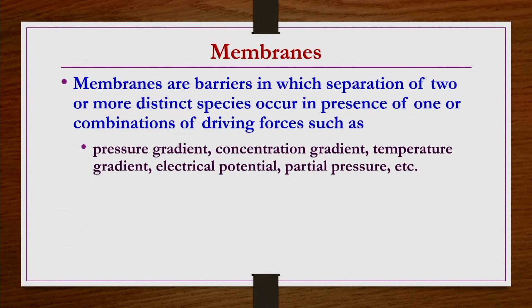These may be used individually or in combination, depending on the application, such as pressure gradient, concentration gradient, temperature gradient, electrical potential gradient, partial pressure etc. They are used as driving forces for the separation to occur using these semi-permeable membranes.